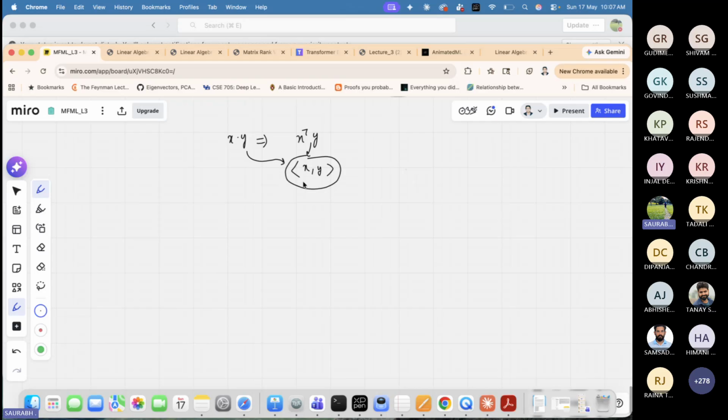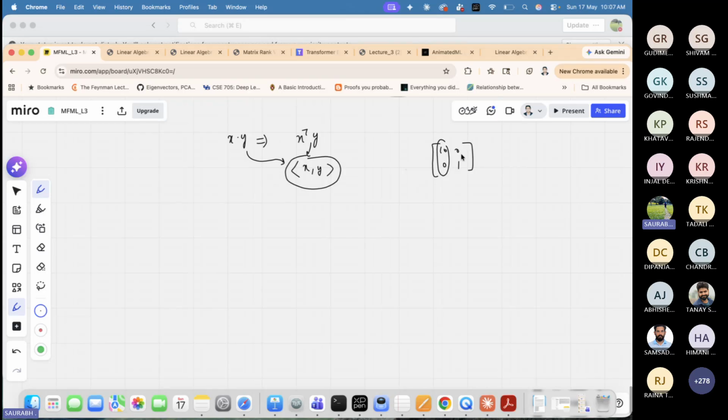Now, one other important thing I need to tell you: I told you about the positive definiteness of the matrix A, let's say 10 0 0 1. If you have a matrix like this, it is giving more importance to the first component.